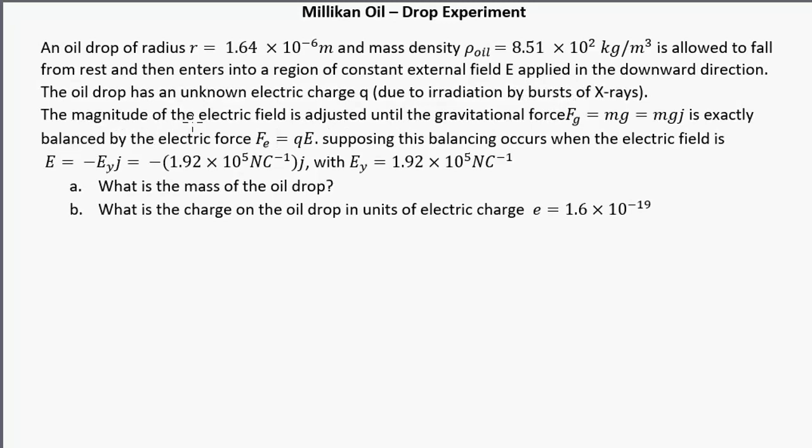So the magnitude of the electric field is adjusted until the gravitational force, that's Fg, which is equal to mg, is exactly balanced by the electric force Fe, which is equal to QE.